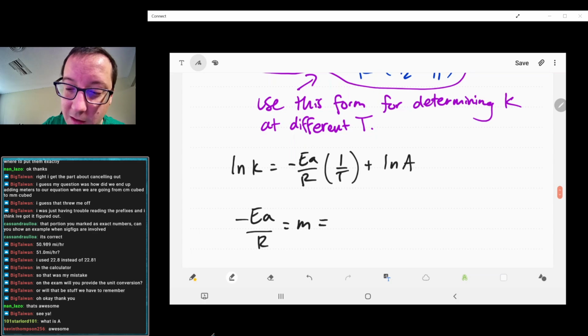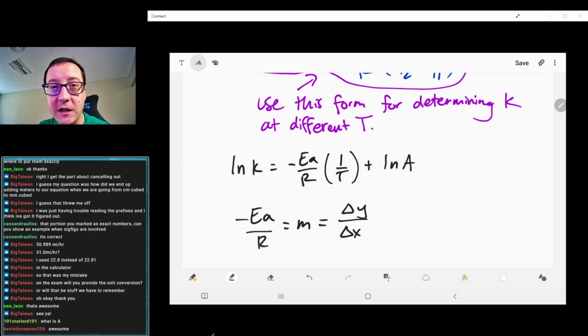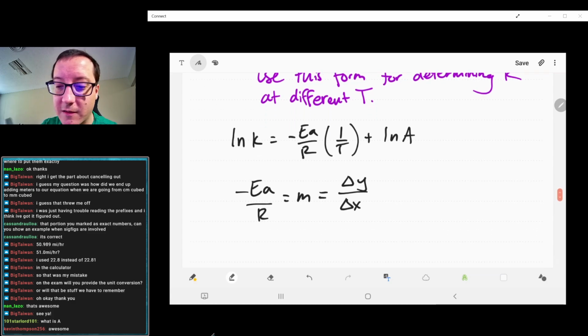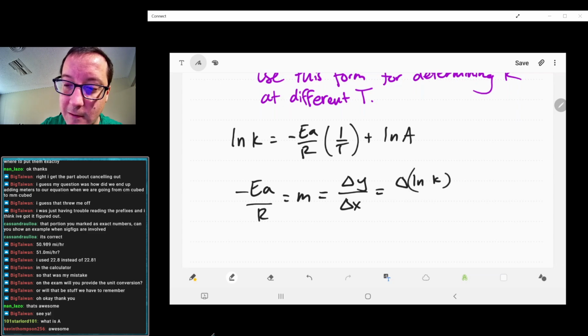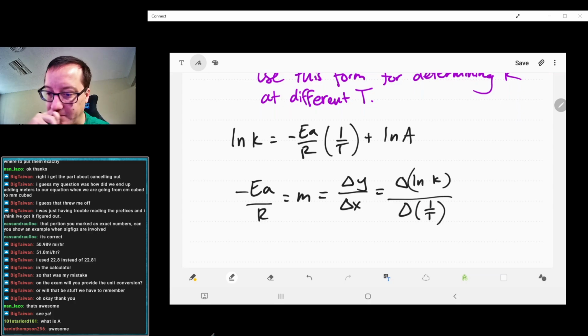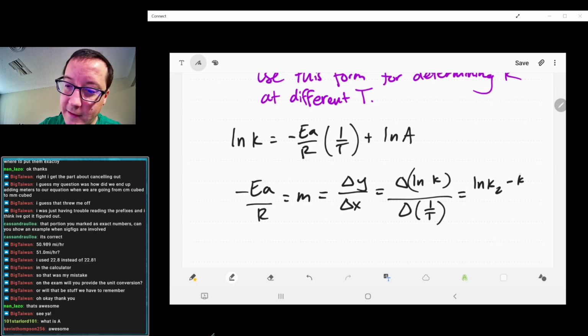Which is change in Y over change in X, just mathematics, how that works. So that would be the change in ln K over the change in 1 over T, which would be ln K2 minus ln K1. Doesn't kinetics just make you sad?